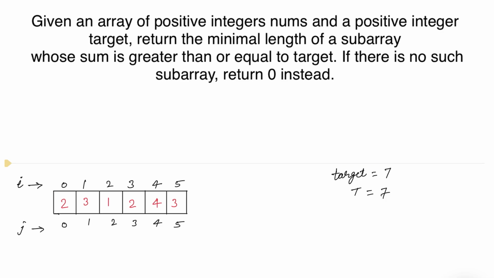So see, initially I have to take one sliding window that will slide according to its sum. What is the question asking? Return the minimum length of a subarray whose sum is greater than or equal to target. That means this sliding window sum should be either equal to or greater than target.